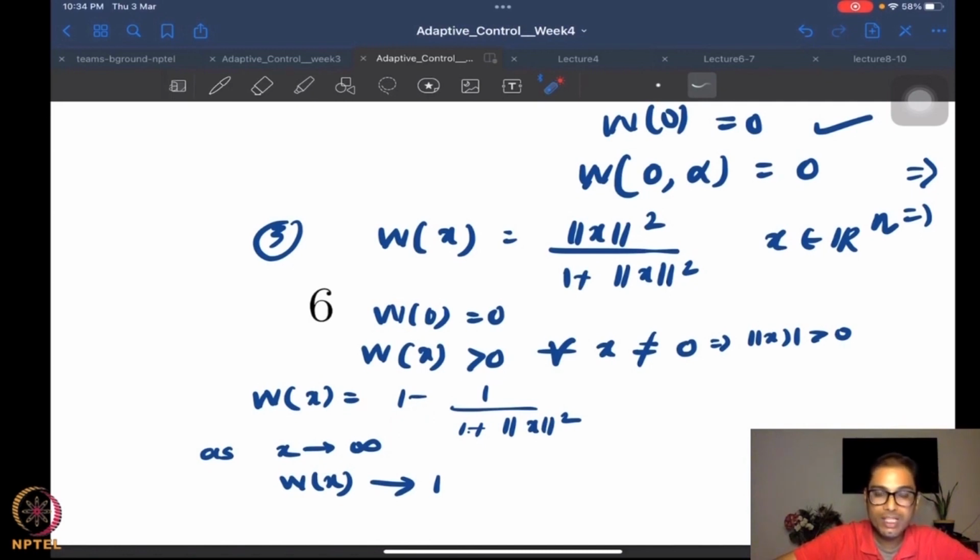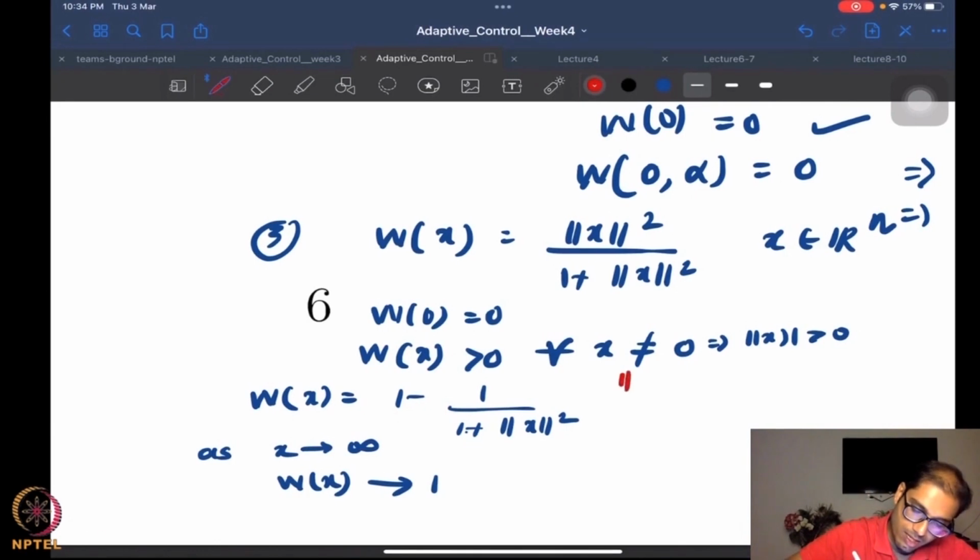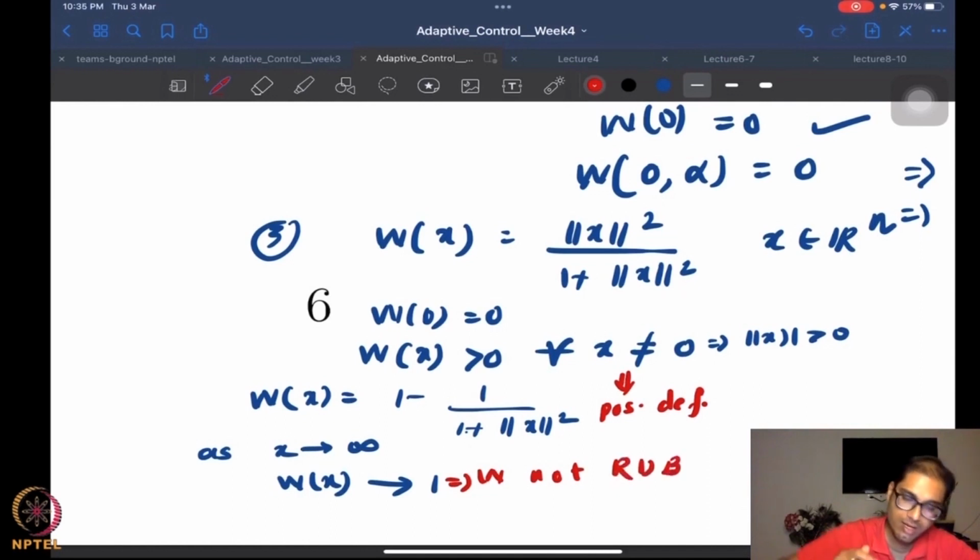So w of x goes to 1. This is one of those functions which is a nice positive definite function, but this implies w is not radially unbounded.